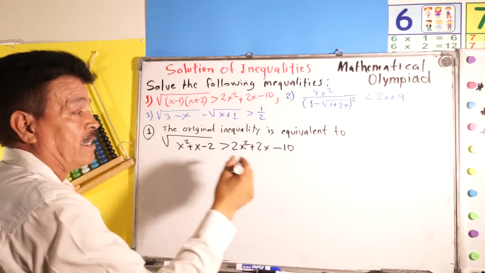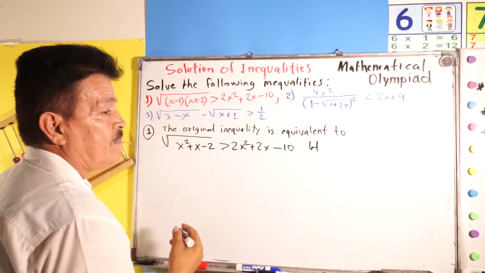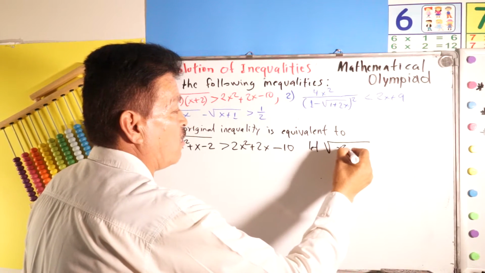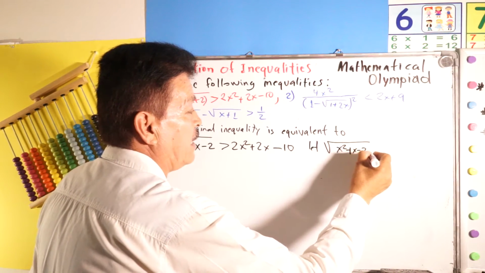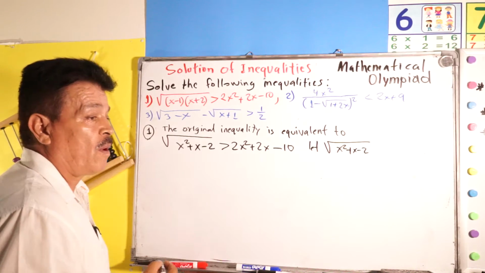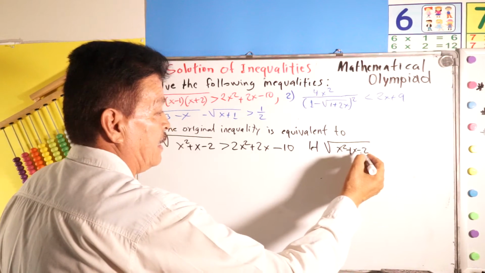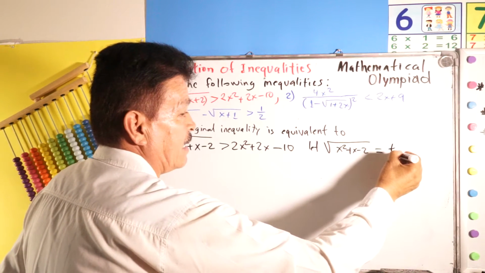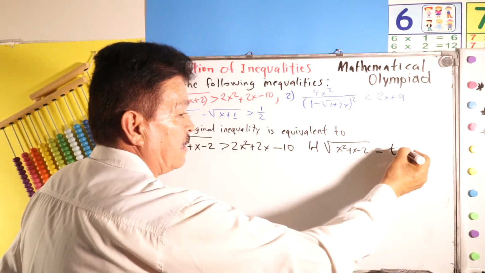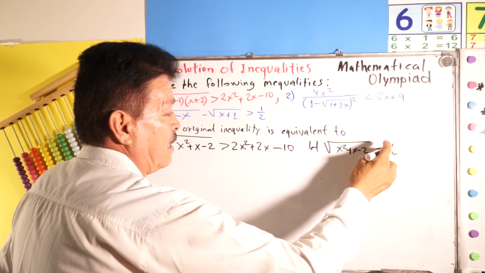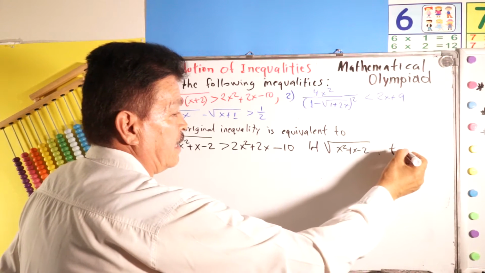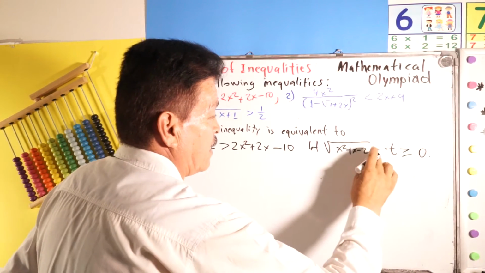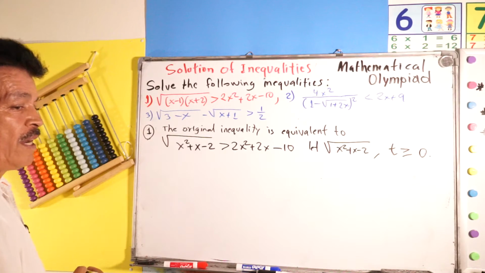So let the square root of x squared plus x minus 2 be equal to t, with t greater than or equal to 0.